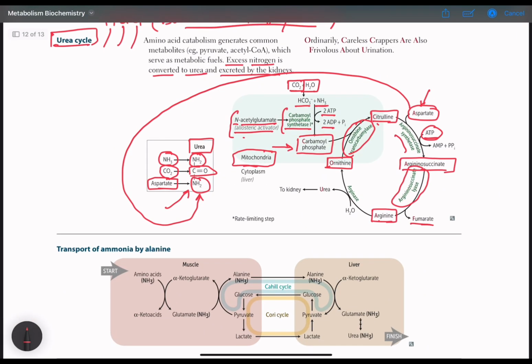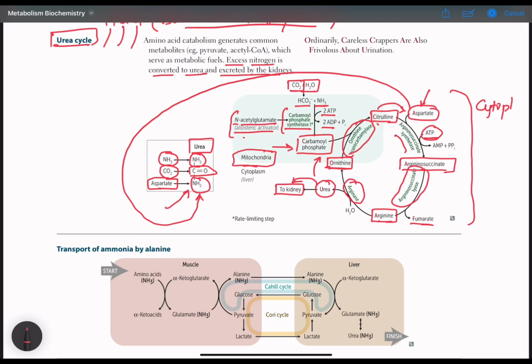Then arginine is converted back into ornithine using the enzyme arginase, and urea is released, which goes toward the kidney for excretion. The first two reactions, carbamyl phosphate combining with ornithine to form citrulline, take place in mitochondria, and then citrulline leaves the mitochondria. The rest of the reactions take place in the cytoplasm, and the ornithine formed enters the mitochondria again.